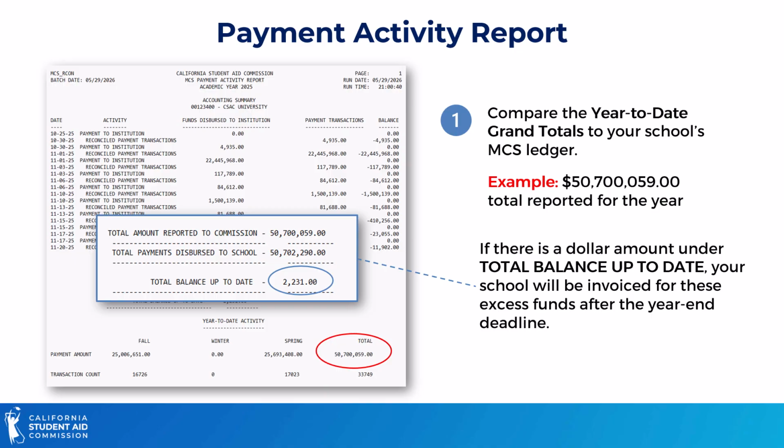If there is a dollar amount here after the final year-end reconciliation deadline, your school will be invoiced for these extra funds. To compare year-to-date grand totals, scroll down to year-to-date activity at the bottom of the report. You can see the grand totals for each term and for the full award year.